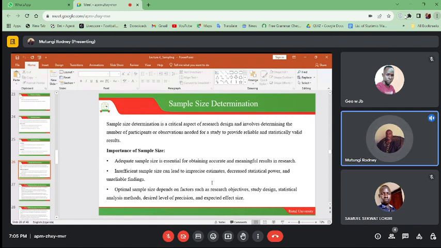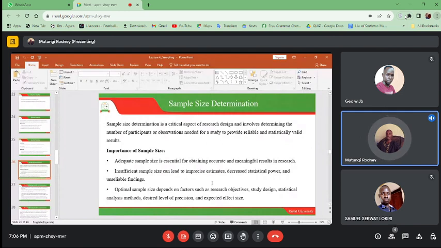The importance of sample size is that it is very essential in obtaining accurate and meaningful results. We also recognize that insufficient samples can lead to imprecise estimates, can decrease statistical power, and you also get unreliable findings.